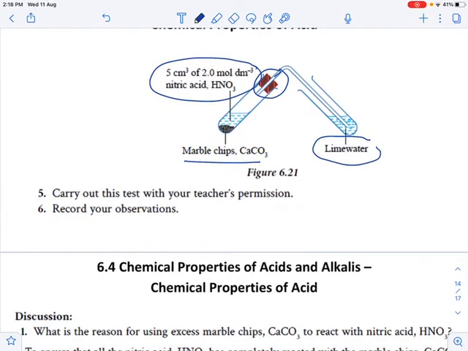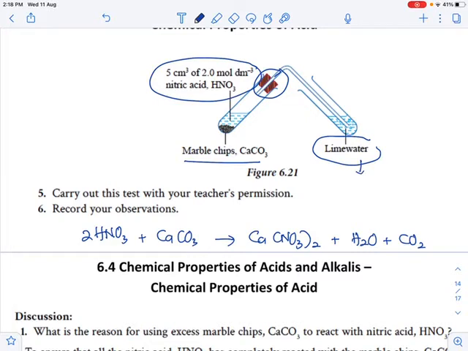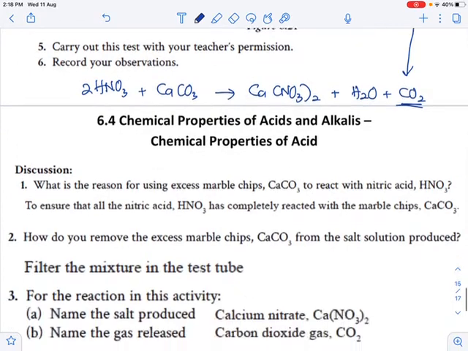Nitric acid reacts with calcium carbonate to form calcium nitrate plus H2O plus CO2. As you know, lime water is the confirmatory test of carbon dioxide gas. So here the product formed is carbon dioxide gas, then the gas flows into the lime water. Lime water turns cloudy because of the presence of carbon dioxide gas.